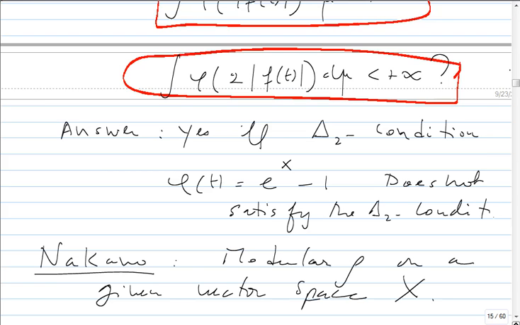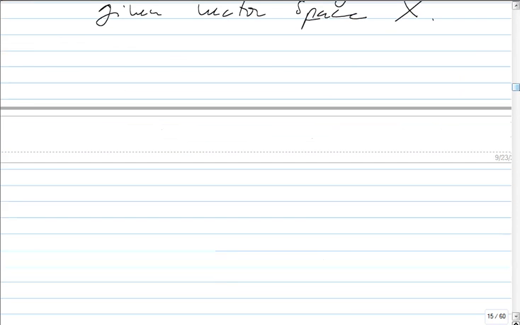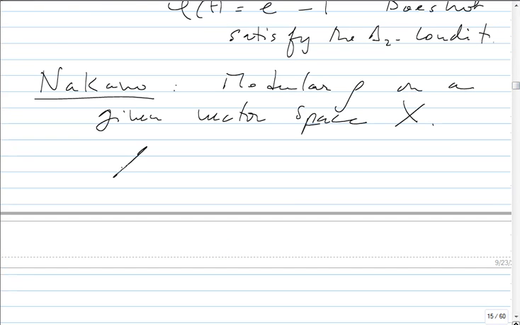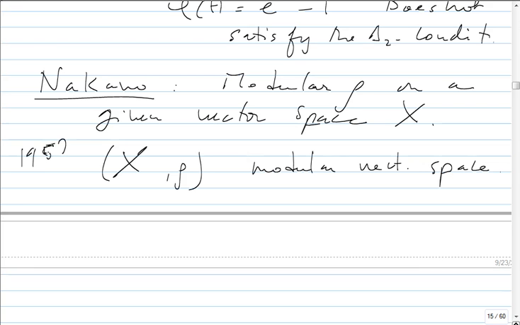Once you have a modular defined on a vector space, the vector space X is called a modular vector space. Like what we did with normed vector spaces, we now have modular vector spaces. This is Nakano, around 1950-something. I think it was 1959, if I am not wrong, but I'm not sure.